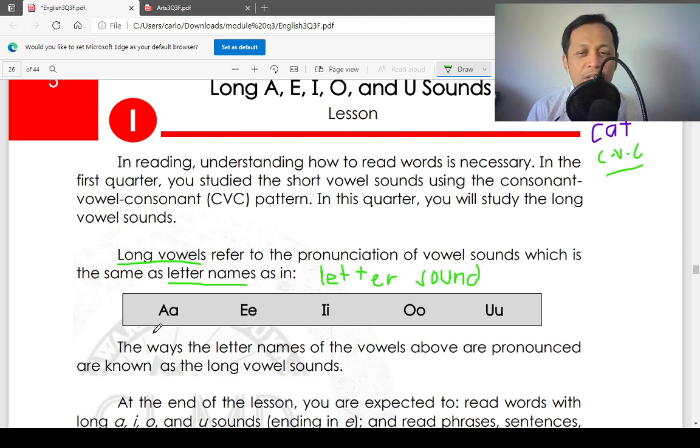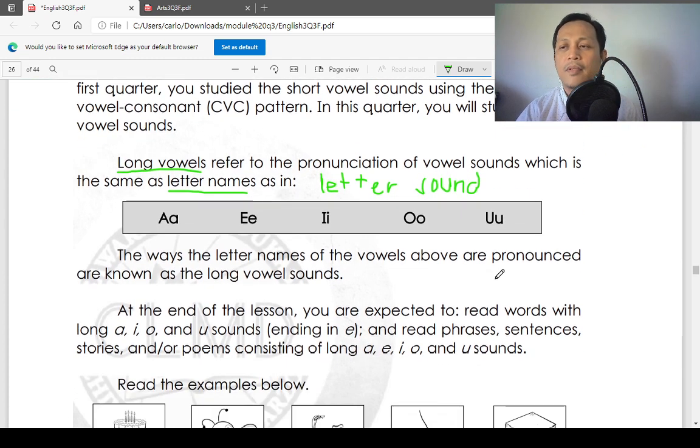Again, letter names: A, E, I, O, U. Letter sounds: A, E, I, O, U. Letter sounds are also known as phonetics. The ways the letter names of the vowels above are pronounced are known as the long vowel sounds.